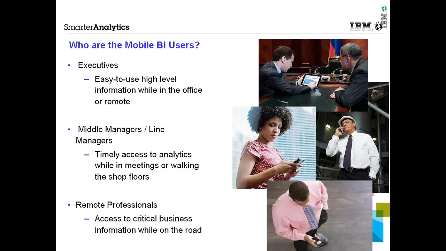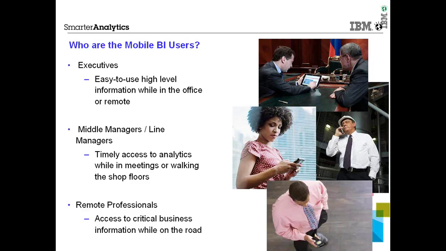There can be a set of middle managers who need information at their fingertips at meetings in an ad hoc fashion. Or we can also have remote professionals. For example, let us take people working in an oil refinery. They need to monitor the information on an almost real-time basis.